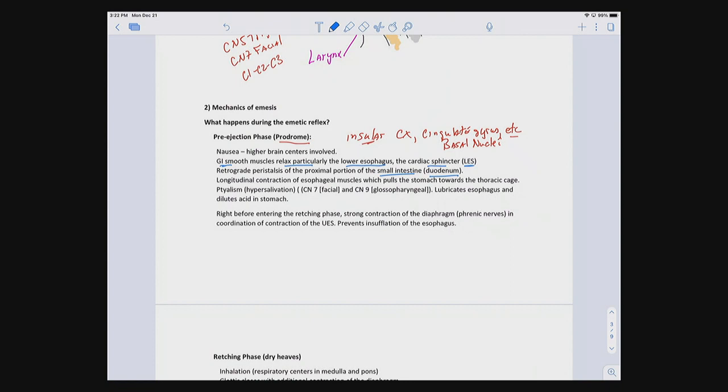So the acid that goes through the pyloric valve into the duodenum has to be neutralized. One of the things the pancreas does is push bicarbonate into the duodenum. If we think of bicarbonate, think of Arm & Hammer baking soda. It's very effective in neutralizing acids. The pancreas does many things, but one of them is pushing bicarbonate into the duodenum, and its job is to neutralize all that acid coming down from the stomach.